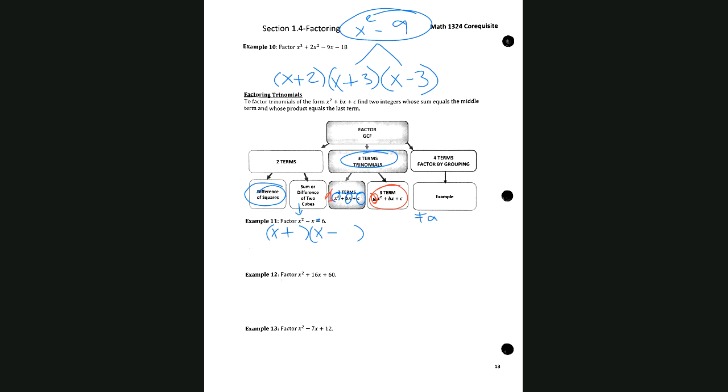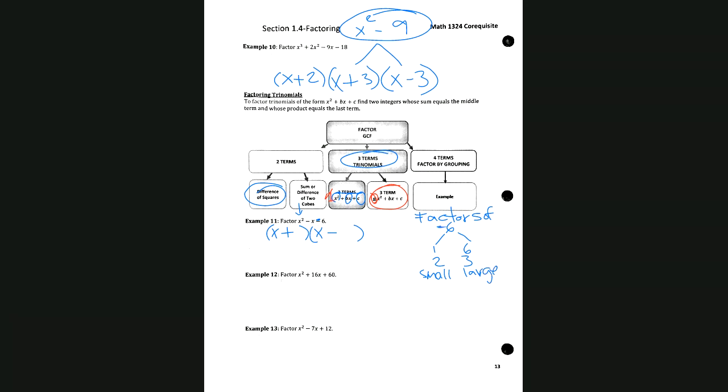Now we're going to list the factors of 6, and so those could be 1 and 6 or 2 and 3. Now remember what I mentioned on the previous video, that I like to write them in this order, small and large. And keep in mind that we're trying to find the factors of -6.